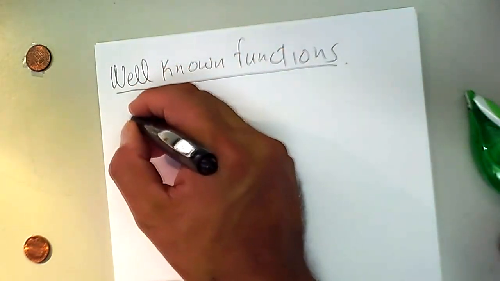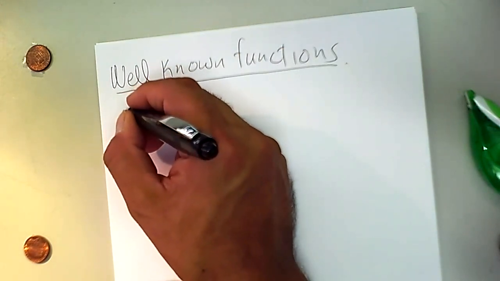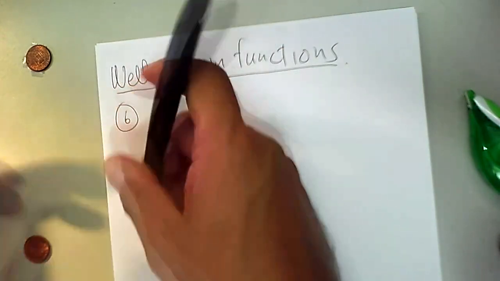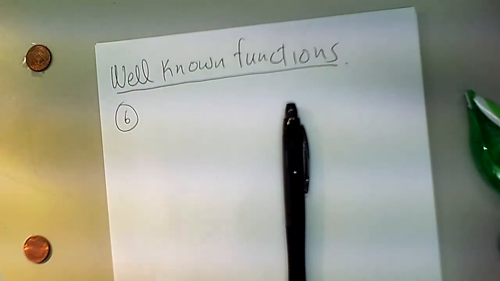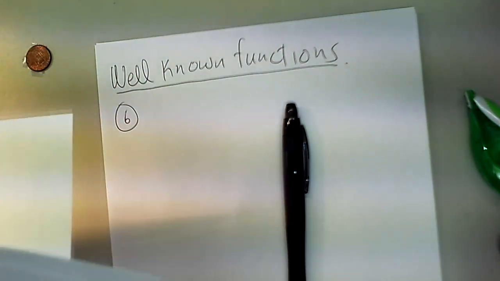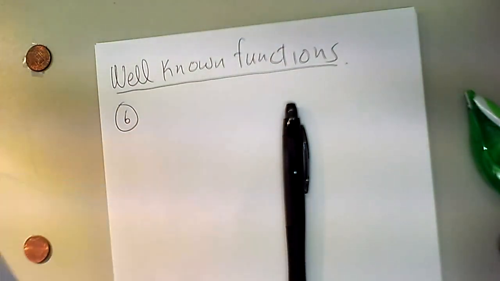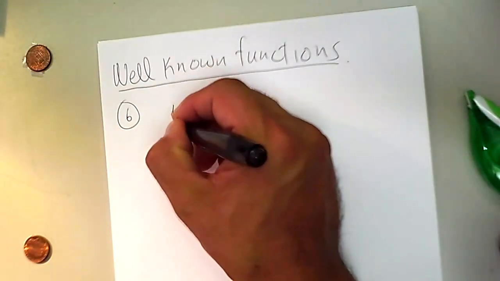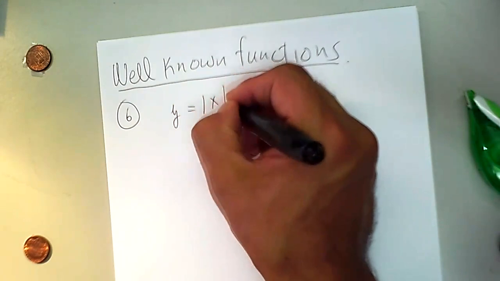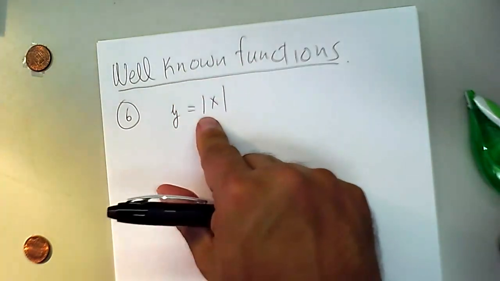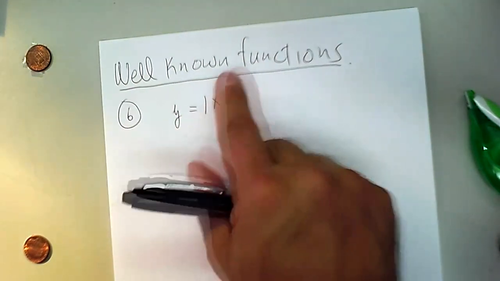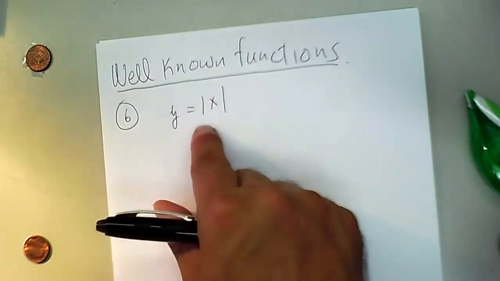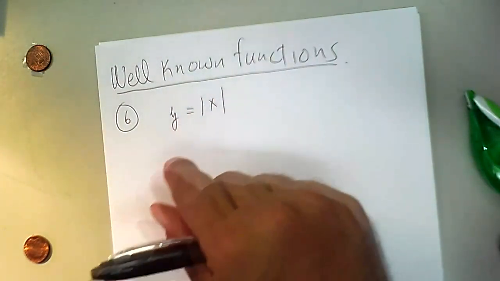So as far as a function goes, let's label this as example 6. Again, I want to make sure my numbers are correct. Yeah, last example was 5. So example 6, y equals absolute value of x. And we're going to milk this even more in future videos, especially when we start shifting and changing and transforming functions.